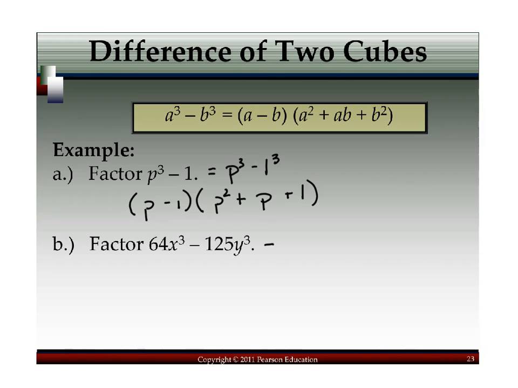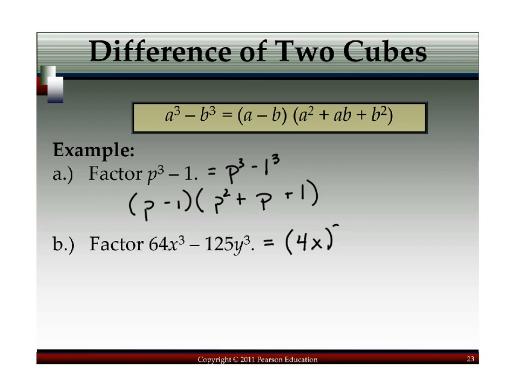Okay, this next one, I need to figure out what my A and my B is, so I'm going to change this up a little bit. So 64, something that is cubed that equals 64 is 4. So 4 times 4 times 4 is equal to 64.